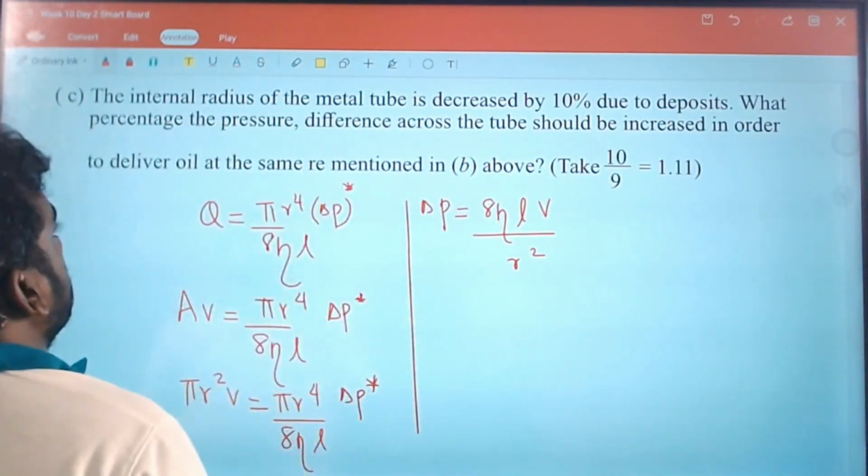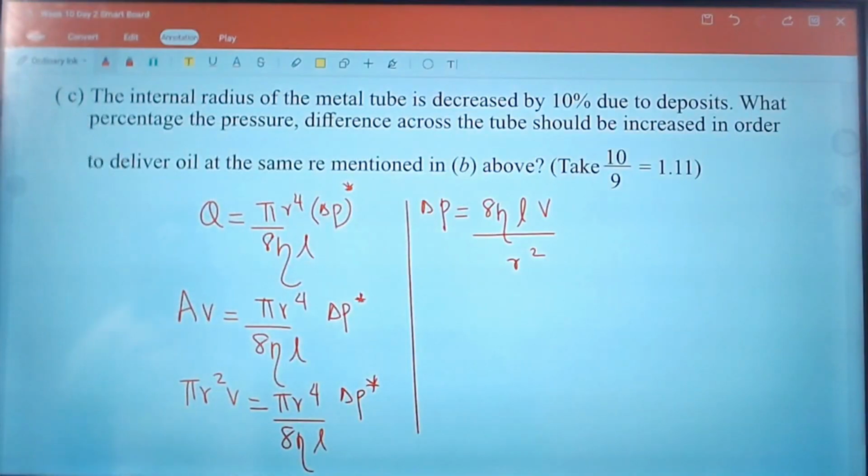What's happening is internal radius is decreased by 10%. What is the percentage that the pressure should be increased in order to deliver the same rate?